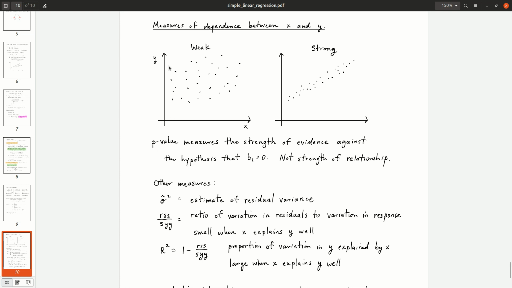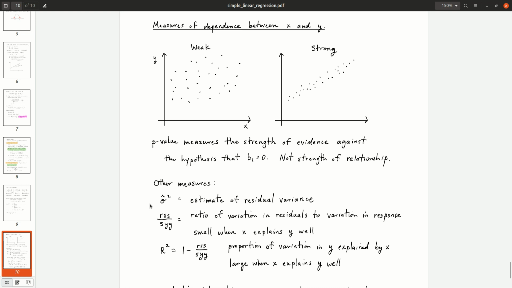If we look at this, variation in the response is just going to be the deviations around this horizontal line here. And then the variation in the residuals is going to be the sum of the squared deviations around the best fit regression line, which would look something like this. In this case, those two deviations are going to be pretty close to each other. Of course, the RSS will be a little bit smaller, but they'll be pretty close.